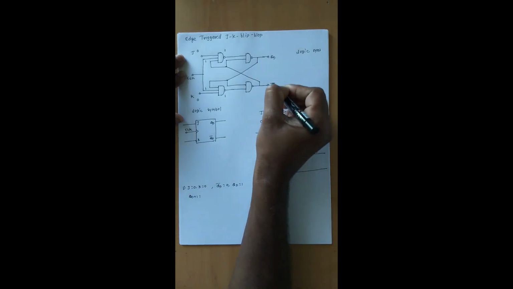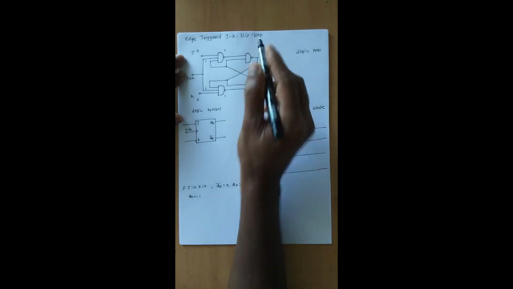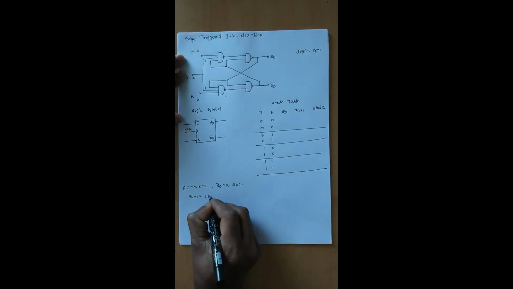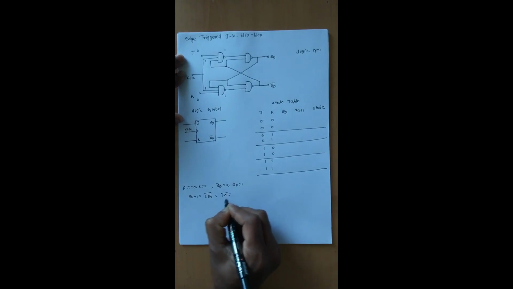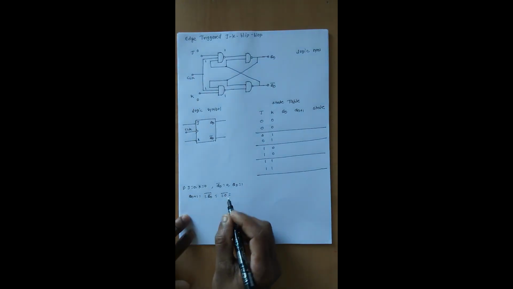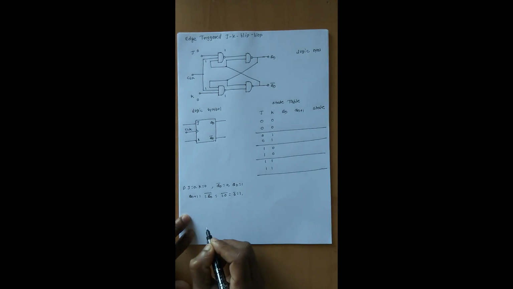So consider this input value is 1 into Q of N bar, in its whole bar. We are assuming Q of N bar is equal to 0, so 1 into 0 and its whole bar. As per our definition, if anything is multiplied with 0, then the value is 0 and its bar becomes 1.